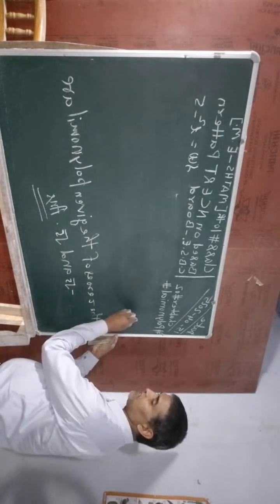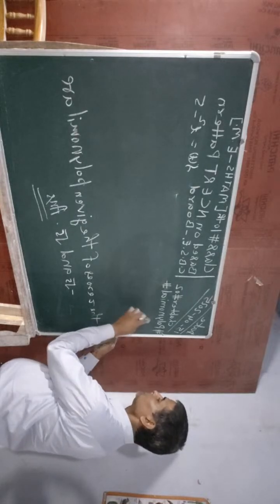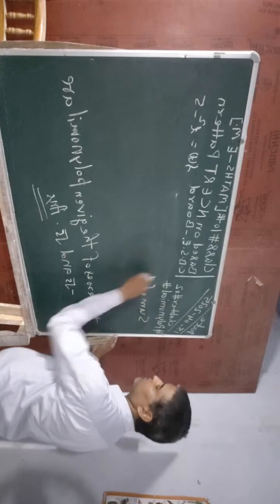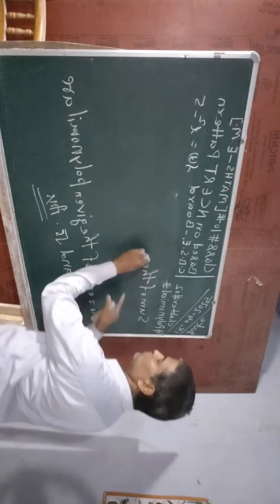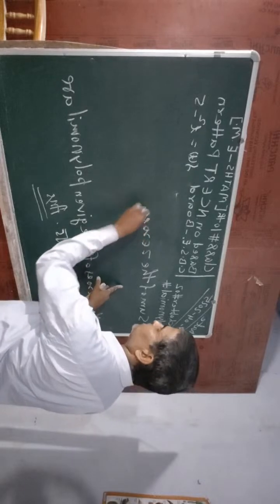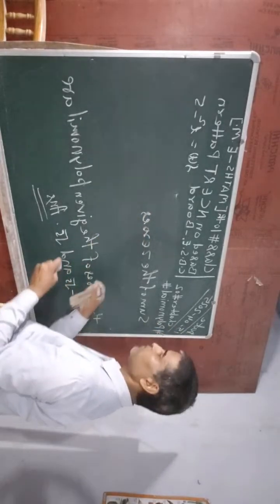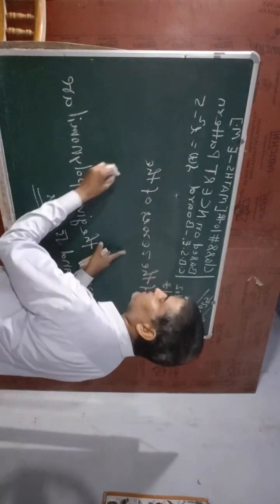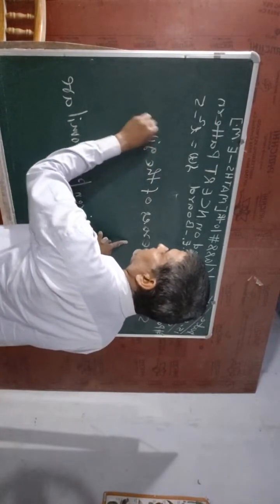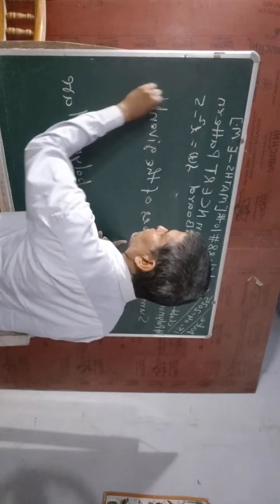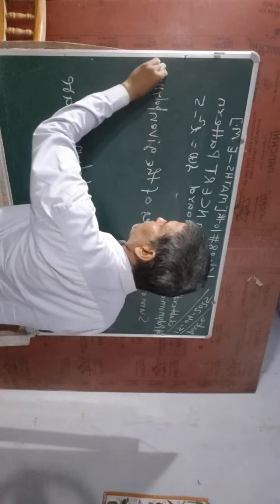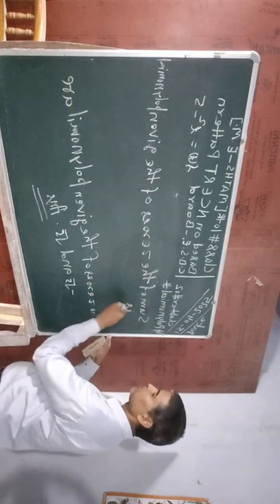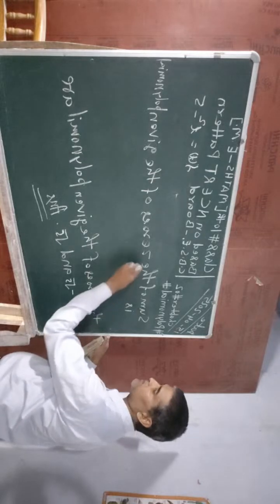So I will write here the sum of the zeros of the given polynomial, that is alpha plus beta.